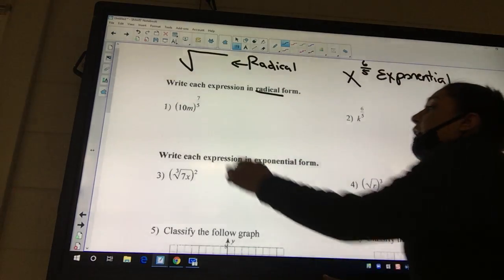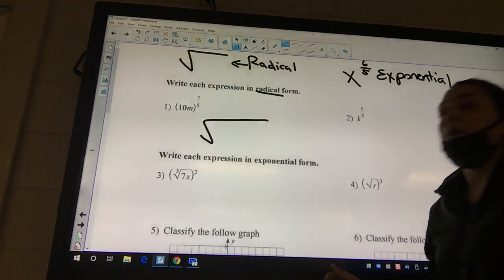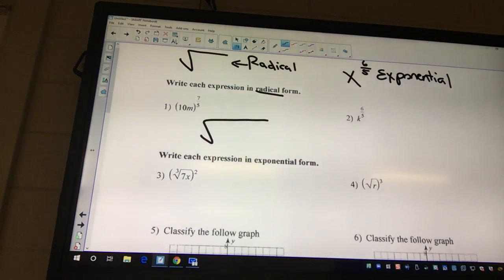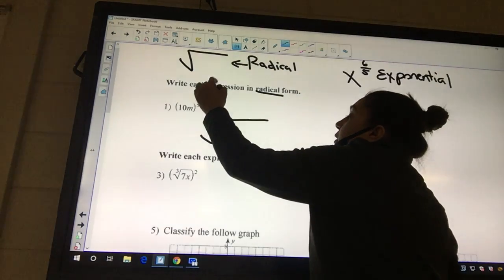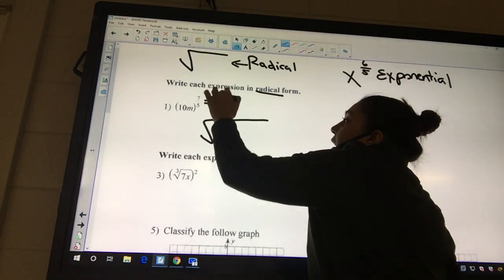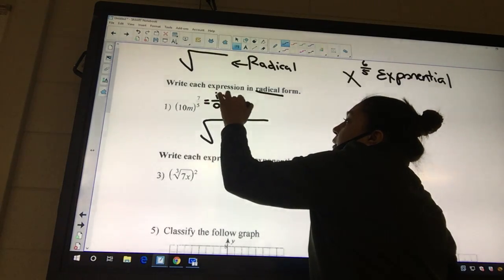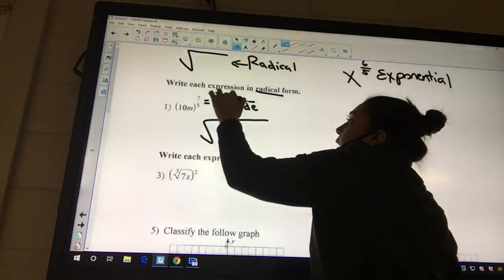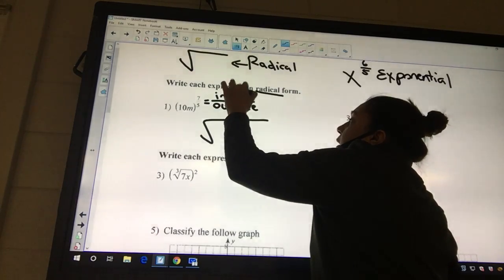So you know you should have like this, right? And then how does it go? What does the top one always go to? It goes inside, outside. Okay, write that on a note, okay? You're gonna need it.